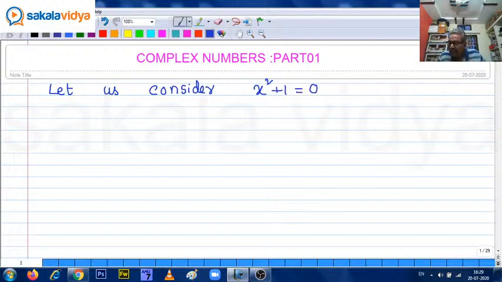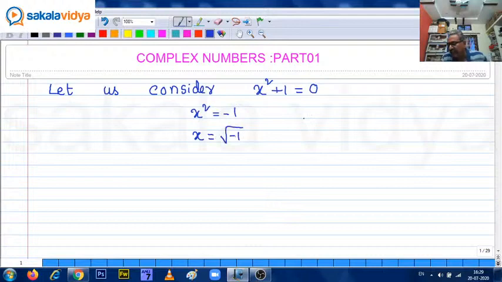We need to solve x square plus 1 is equal to 0. How to solve it? Take the plus 1 to this side. You get x square is equal to minus 1. Now we get x is equal to square root of minus 1.